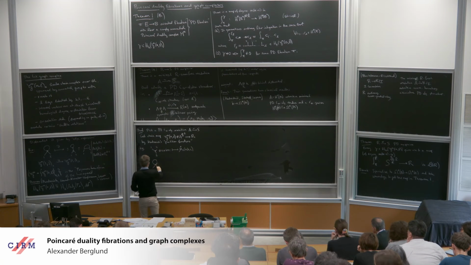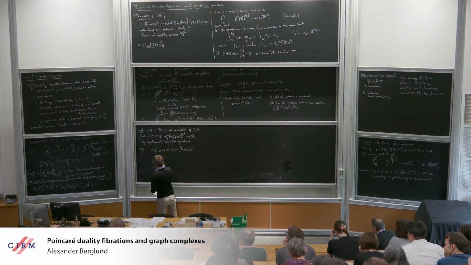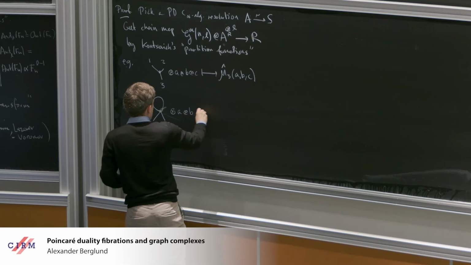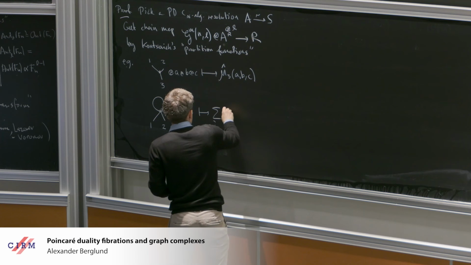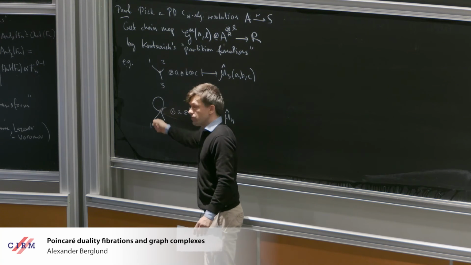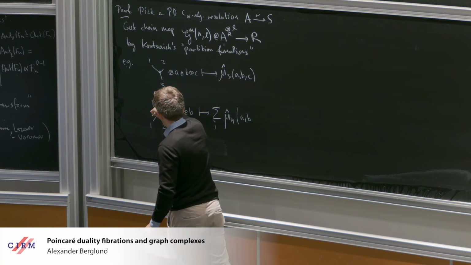If we take this graph with one loop, this is supposed to give me a two-ary operation. So if I have two elements a and b of A, I use mu4 hat because I have a 4-valent vertex. I plug in a and b in the slots 1 and 2, and then I have this edge here.